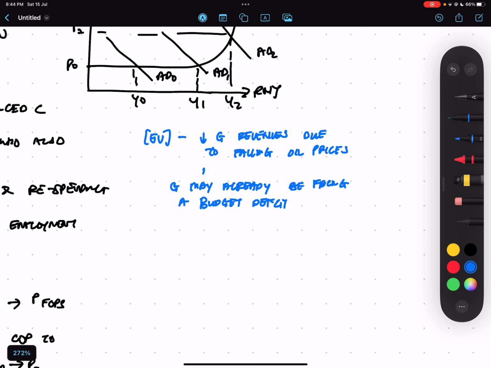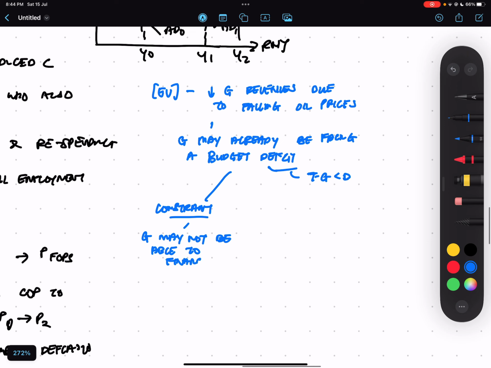A budget deficit occurs when T minus G is less than 0. Two things can happen as a result. One, this acts as a constraint, because with the budget deficit, the government may not be able to finance the fiscal spending. So that's the first thing.